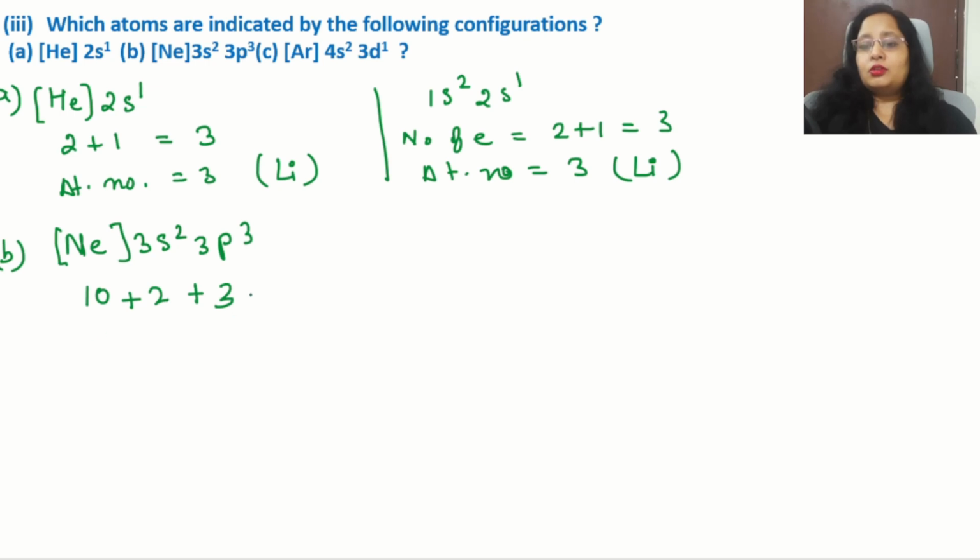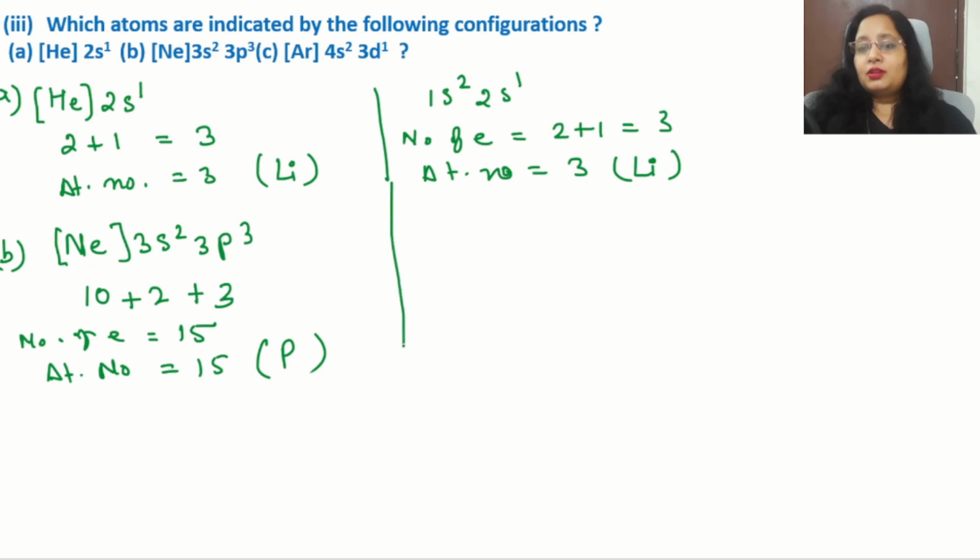So now total number of electrons is 10 plus 3, 13, 15. Total number of electrons 15. So atomic number is also 15, and atomic number 15 shows phosphorus.